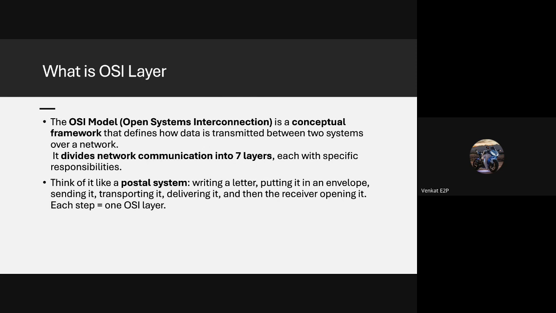So this is the OSI model. Each layer of the OSI model interacts with the layer directly above and below, transmitting data in a structured manner, and network professionals can troubleshoot issues by isolating them to a specific layer.